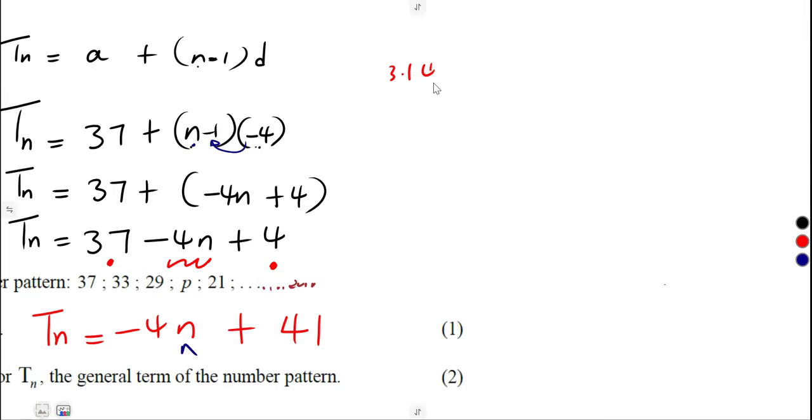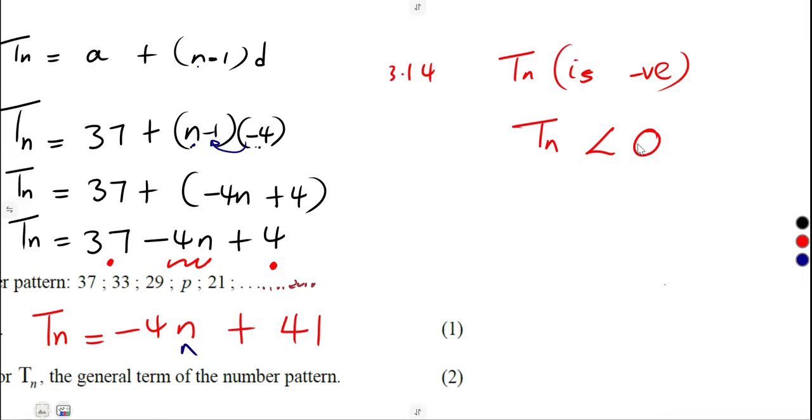What does it mean if Tn is negative? It means we are talking about the values of Tn being less than 0. That's where we start to have negative values: -1, -2, -3, and so on, when they are less than 0.